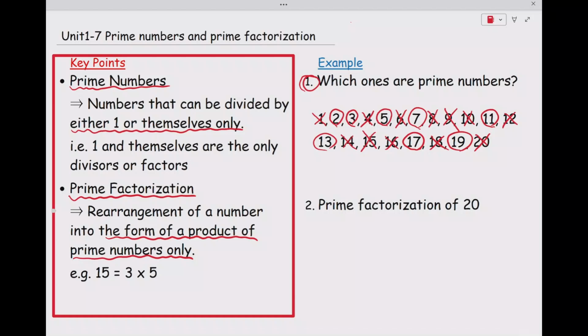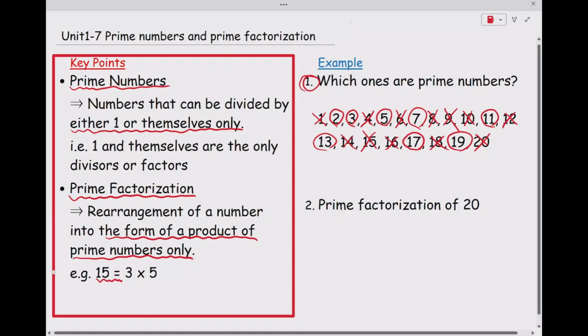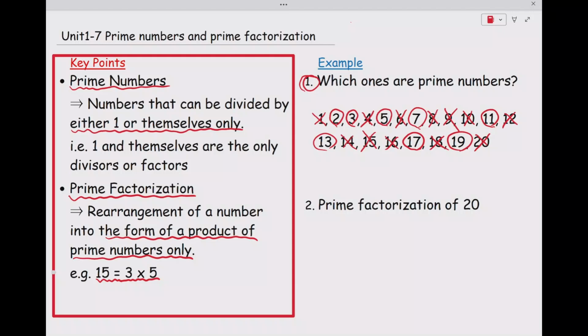For example, 15 can be translated into 3 times 5. 3 and 5 are prime numbers, which means that 15 was rearranged into the form of multiplication of prime numbers. In other words, 15 was prime factorized. Prime factorization means to express a certain number with the form of a product or multiplication of prime numbers only.